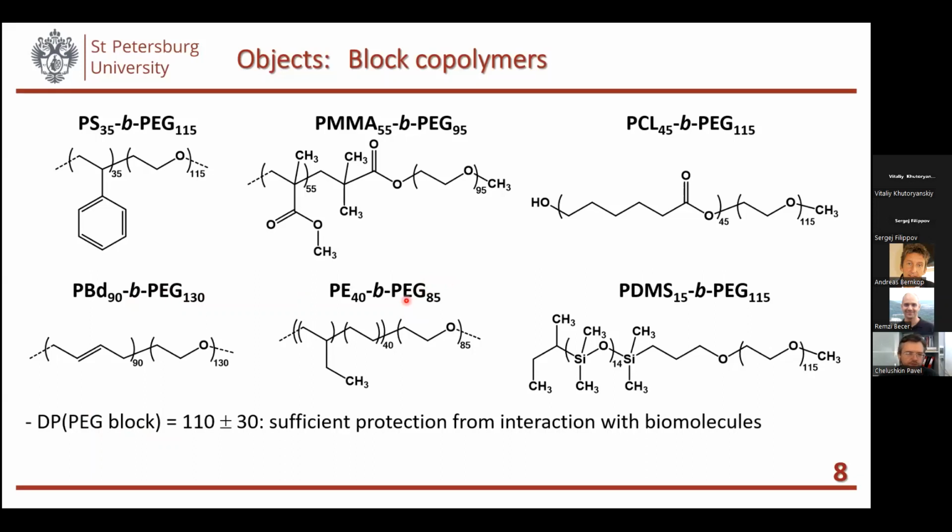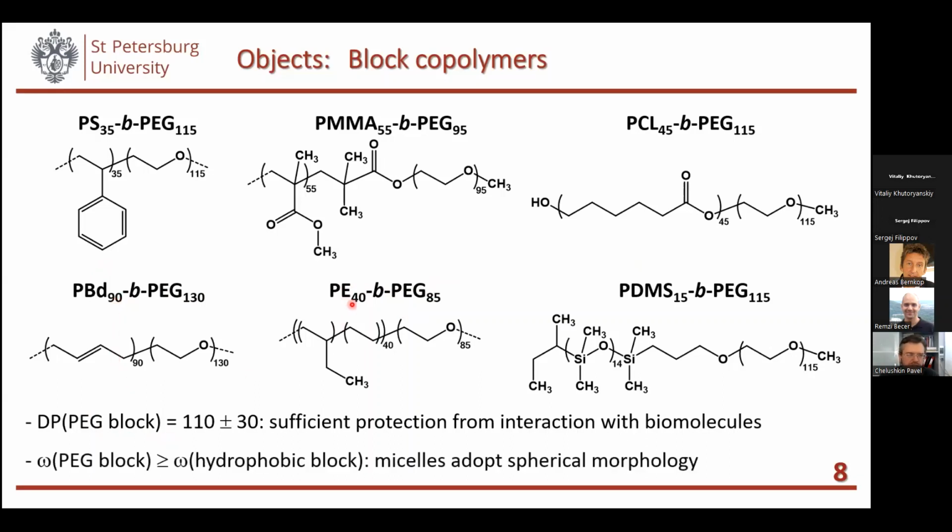And also we managed to take shorter hydrophobic blocks of as different a chemical nature as possible. And we took a lower molecular weight of the hydrophobic block to be sure that we will have spherical micelles, because in our idea, the nanoparticle should have as simple a morphology as possible.